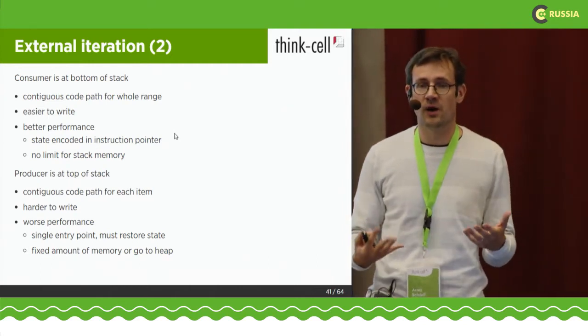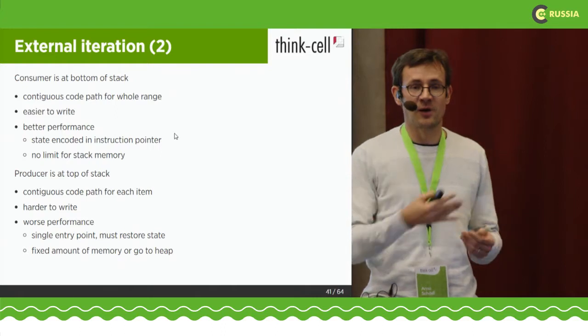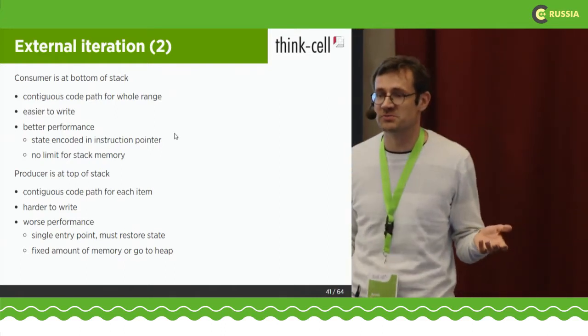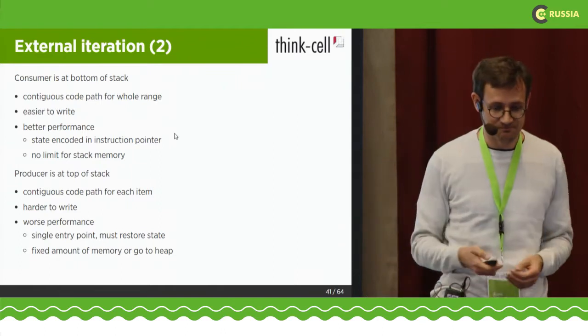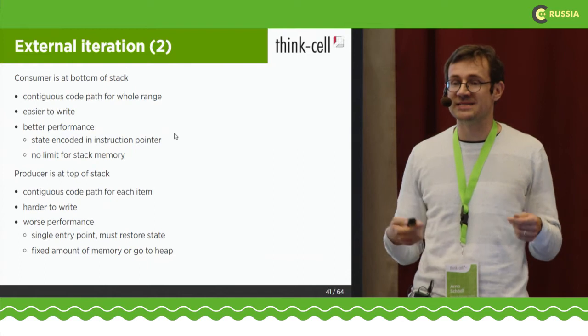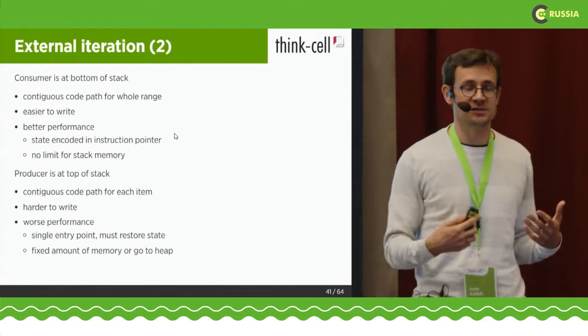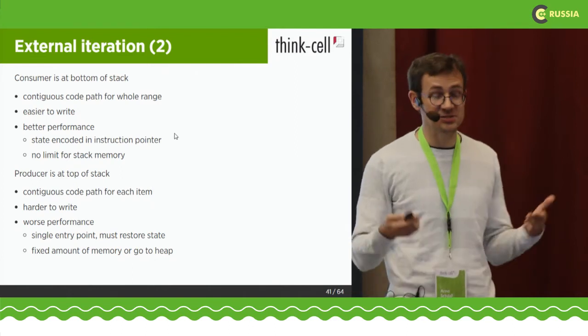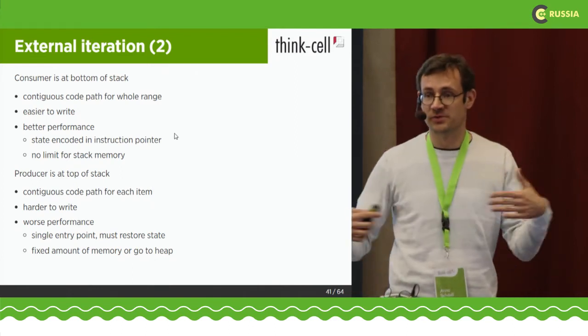You need to know where you are to get the next value. If you are in a continuous control flow, the state is encoded essentially in your instruction pointer. And you also have no limit for stack memory. You can remember as much as you want on the stack while you're iterating, because your stack actually stays around during your iteration.